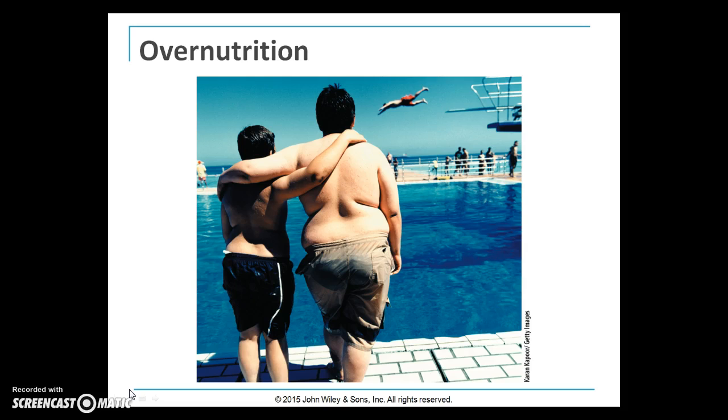Overnutrition is considered the excessive intake of calories or nutrients. With overnutrition, we usually use the term obesity. This is a form of overnutrition, though there are other forms, and obesity increases the risk of a variety of other nutrition-related chronic diseases that are leading causes of death in the United States.